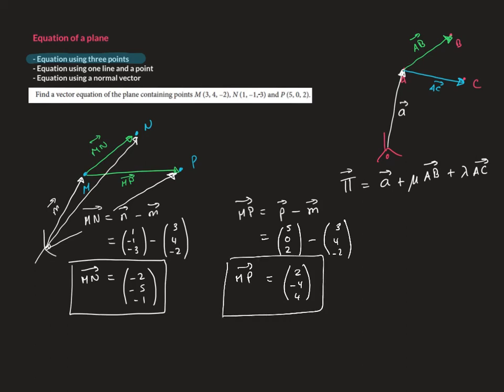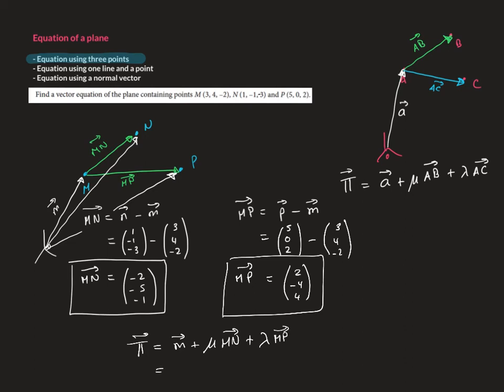What does that mean for the equation of my plane? The equation of my plane that contains the points M, N, and P is going to be the vector pi equals vector M plus one parameter times vector MN plus another parameter times vector MP. Let's substitute.